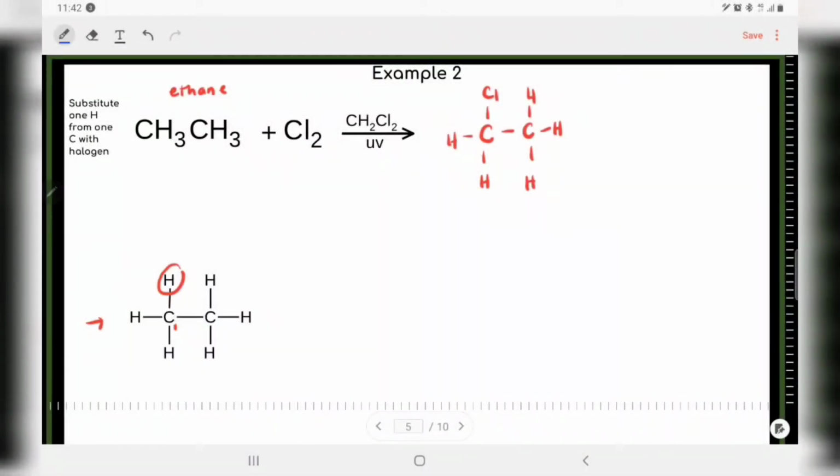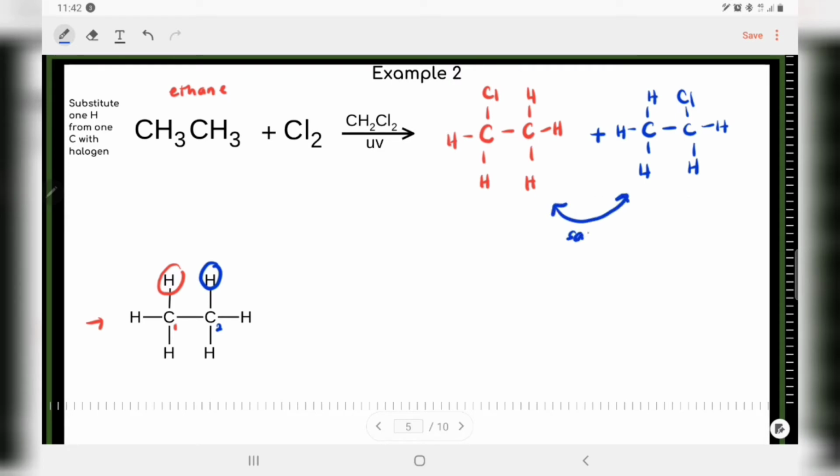And we can remove hydrogen from carbon number 2. So now I choose the top hydrogen from carbon number 2. So it will form CH3 CH2 Cl. But the structure orange and the blue structure are the same structure.